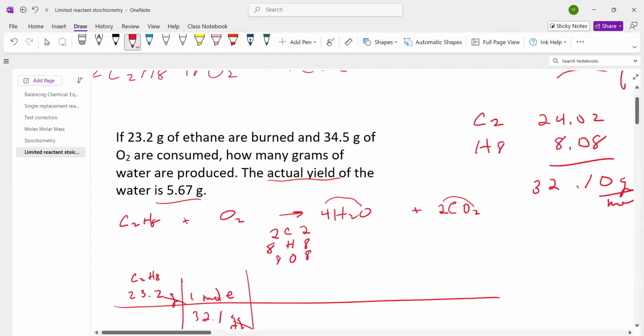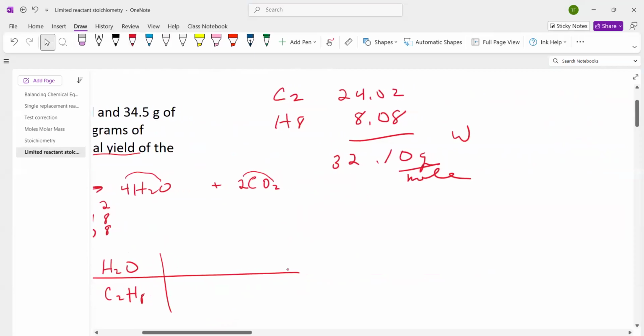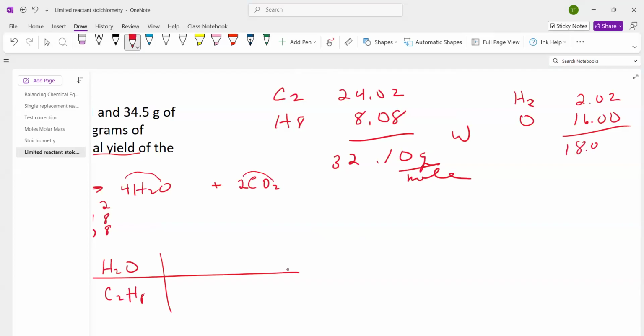Okay, so our grams will cancel. Now we need to go from moles of ethane to moles of water. That's a 2 to 6 ratio, or 1 to 3. Water is 18.02.